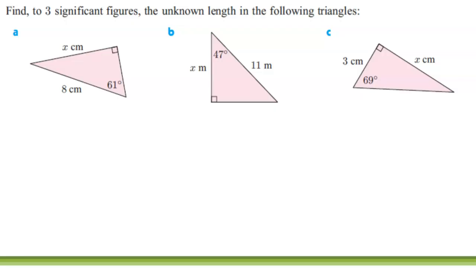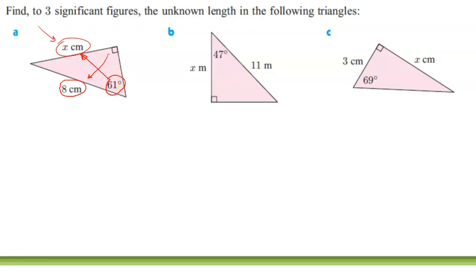So for the first one, I need to work out that the pivot angle, or the angle that's going to be of use to us, is this 61-degree angle here. The side length that we're going to be using is this one here, and it's the hypotenuse, which I can tell because it sits across from the right angle. Now, how do we come up with a name for that side length? It's not arbitrary, it's quite specific. It has to do with where it sits compared to the known angle.